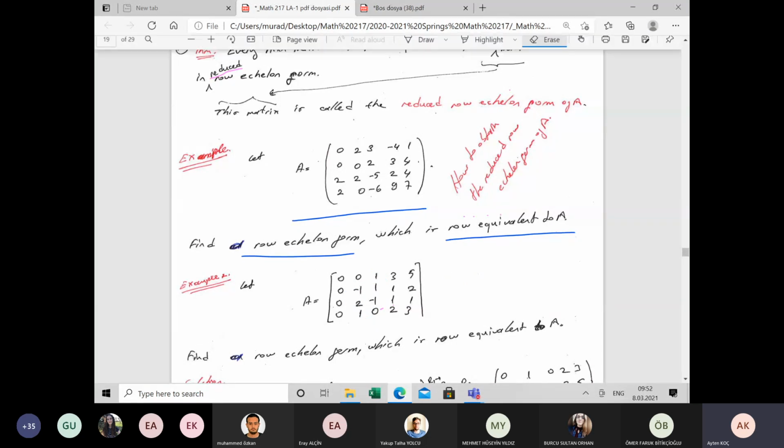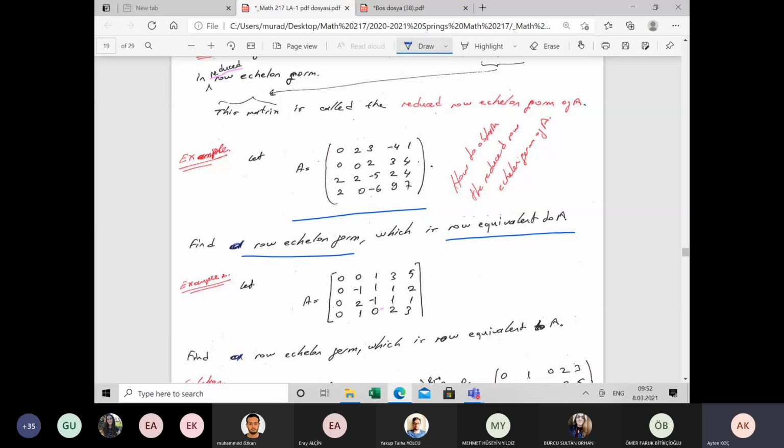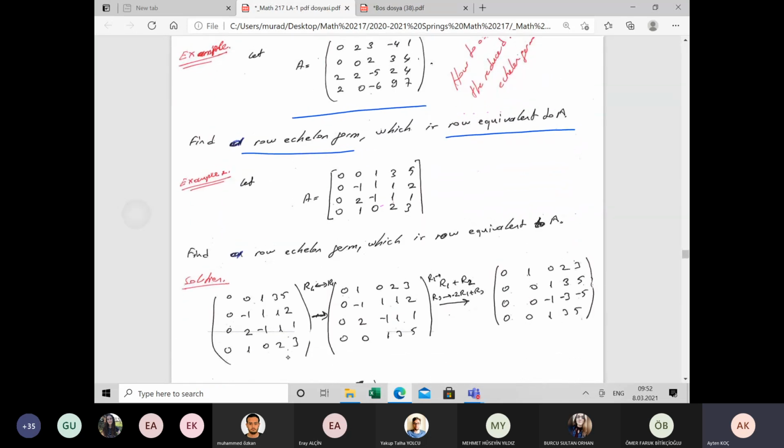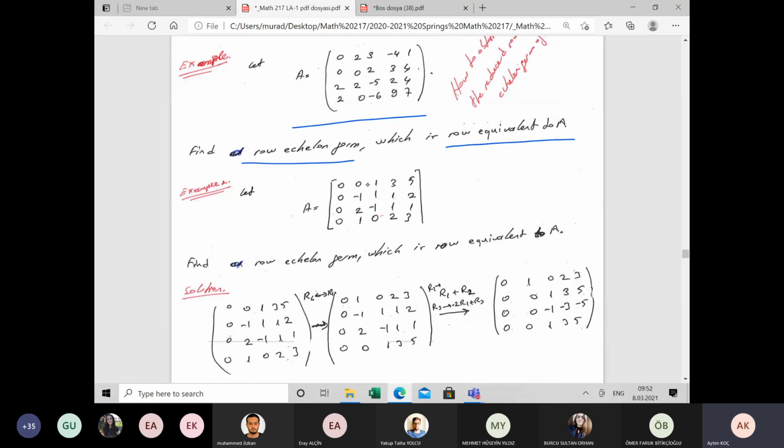So how to get it? First of all, start with this one. We also know that every leading one appears to the right and below the leading ones in preceding rows.